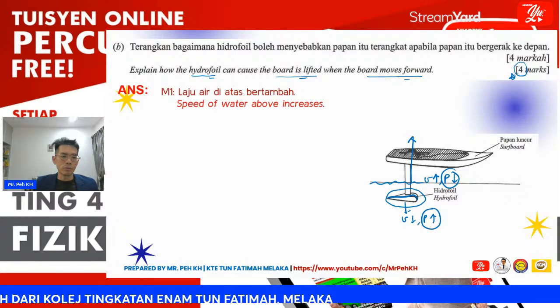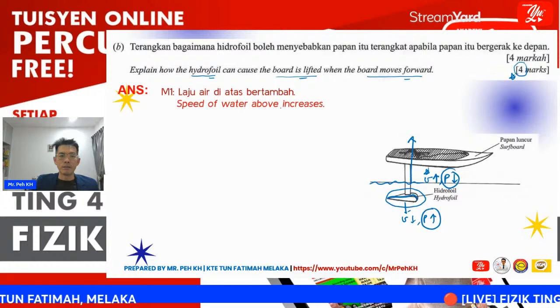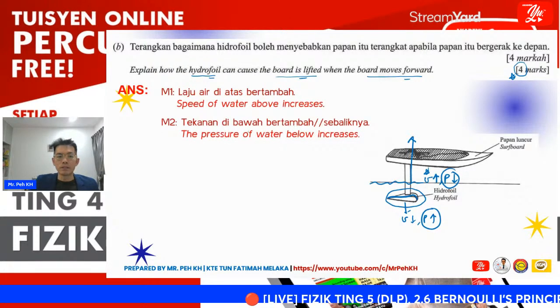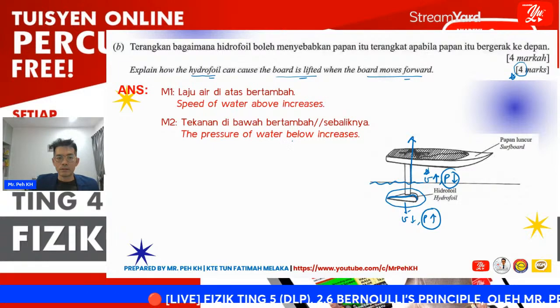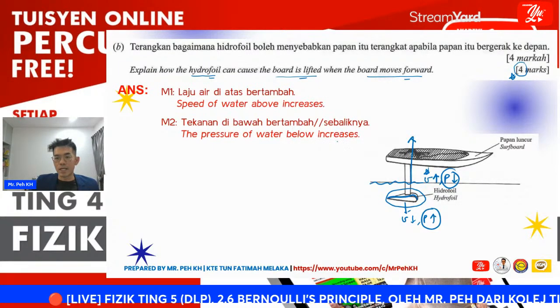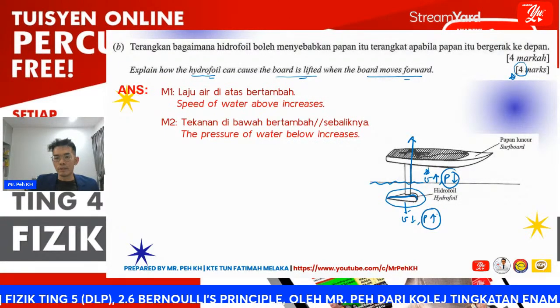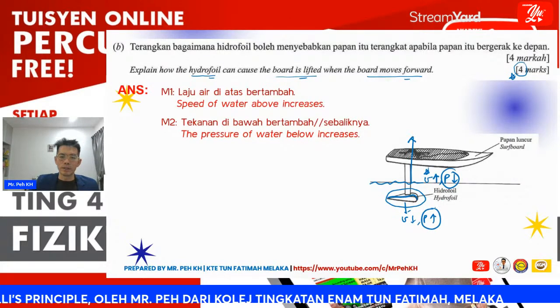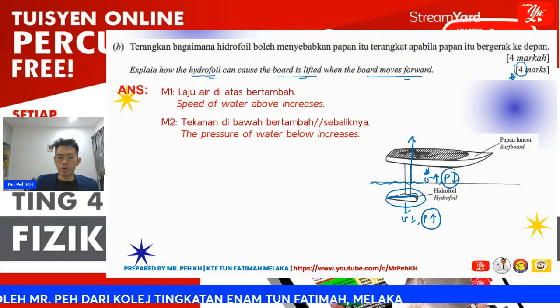Okay, so first, we need to discuss the speed as mentioned just now. The speed of water above increases, then the pressure of the water below increases. You can discuss either the pressure at the upper parts or the bottom parts of the aerofoil here.